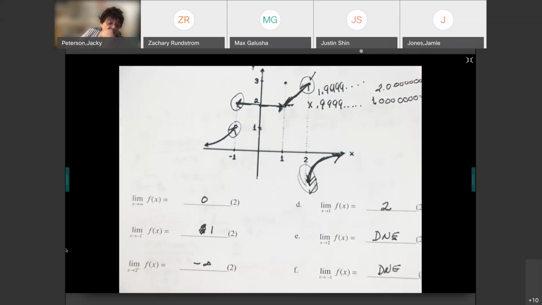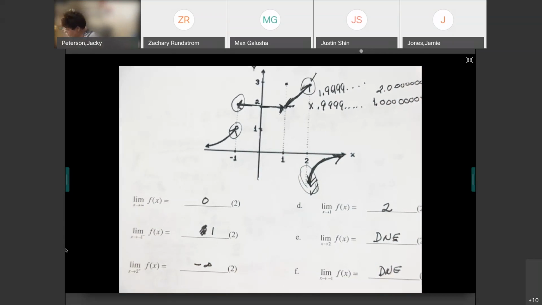That may be, but you're not asked what f of 3 is. This is the limit. The limit is different than the function value. Yeah, f of 1 is 3, but the limit is 2.